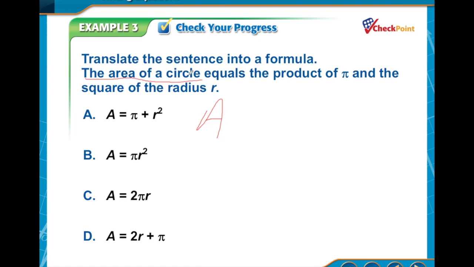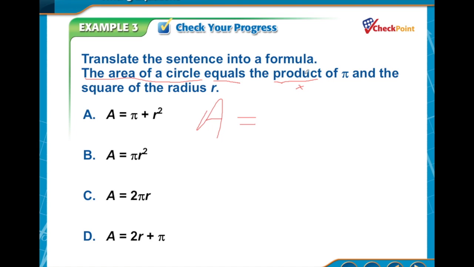the area of a circle, equals, so equals just means an equal sign. So it's equal to the product of pi, so product means I'm going to have to multiply. The product of what two things?